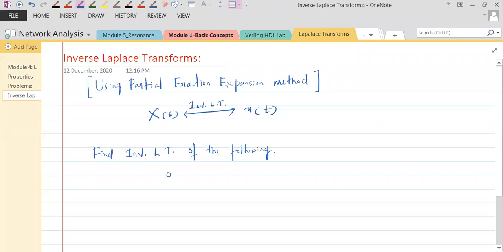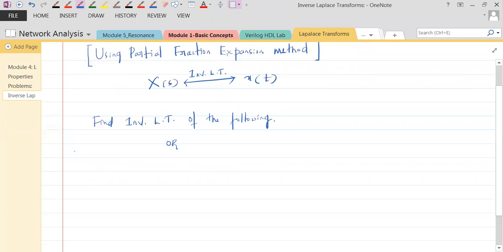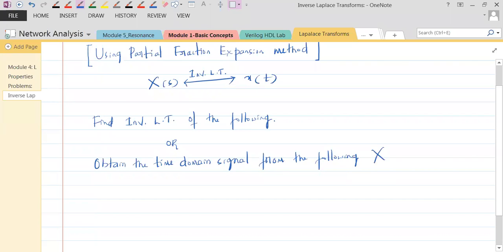They can also ask us to do this: obtain the time domain signal from the following x of s. So both mean the same.